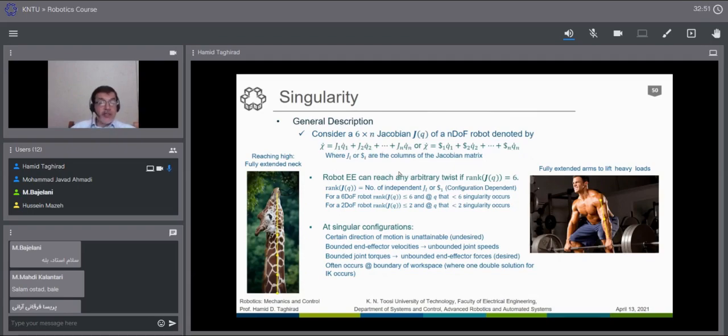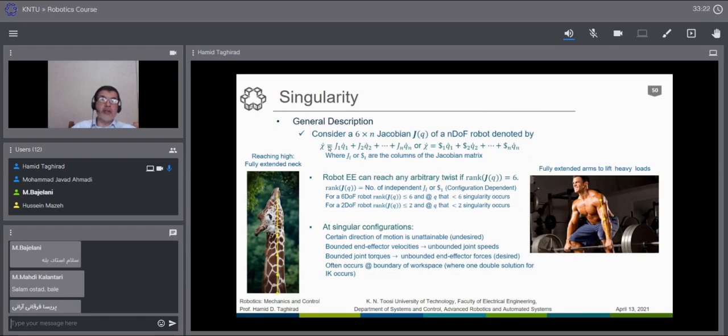Now we want to see what property this creates for us. If we consider a 6 by n matrix in a general configuration, the robot end effector can reach any arbitrary twist if the rank of the Jacobian is equal to 6. We can have any x dot, since it has an inverse, by a limited q dot.